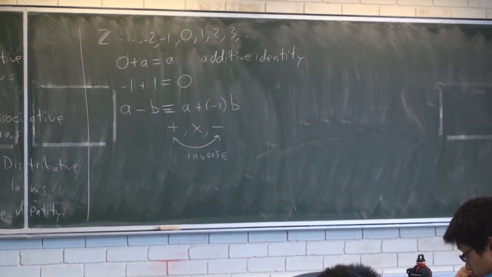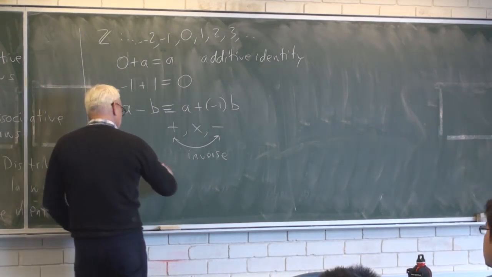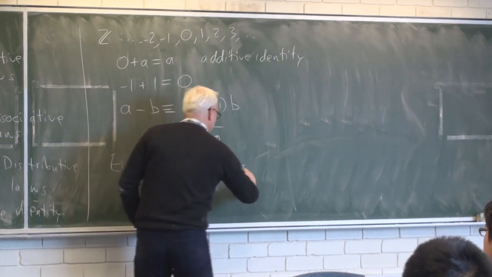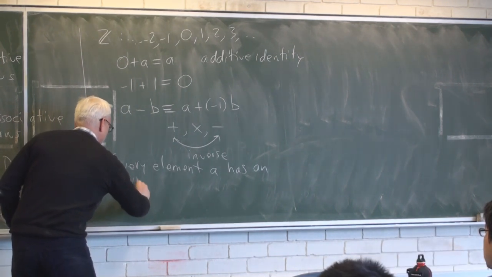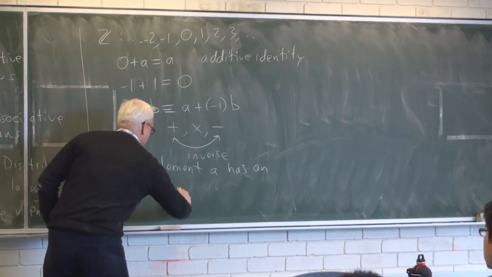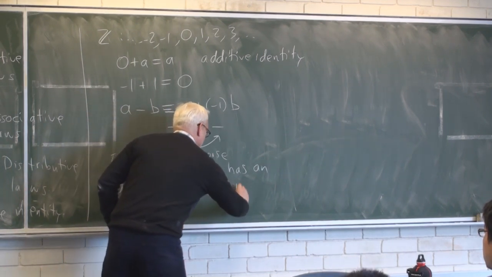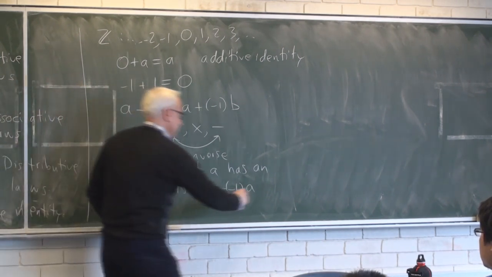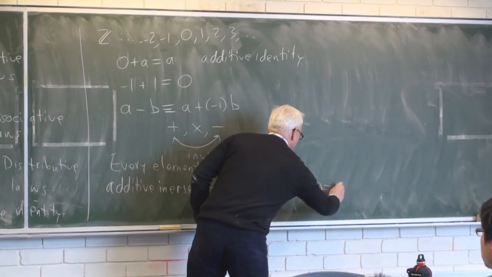Or another way of saying that is that every element A has an additive inverse, so that's called minus A, which is actually -1 times A, such that A plus minus A equals 0.